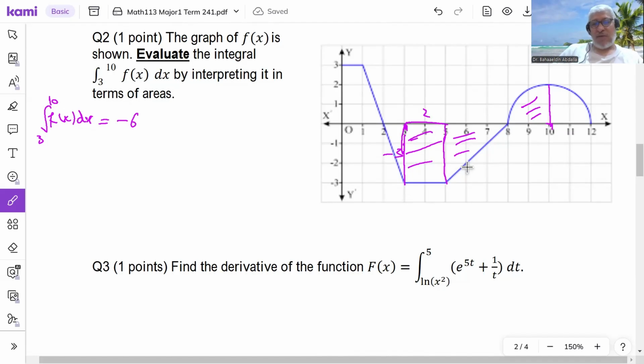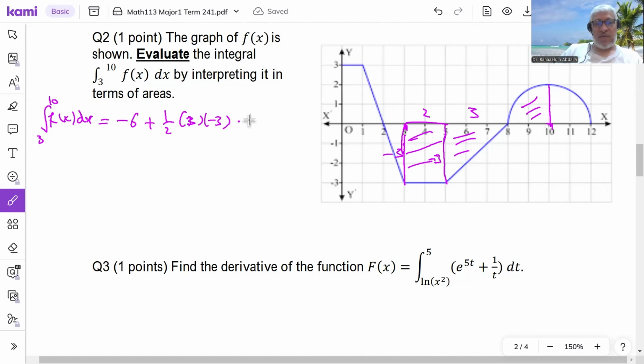Now the area of the triangle is base times height times half, which is again negative 3. So it is half times 3 times negative 3. And not half, even a quarter of a circle, because this is half of a circle, but this is a quarter of a circle. Well, what is the area of the circle?